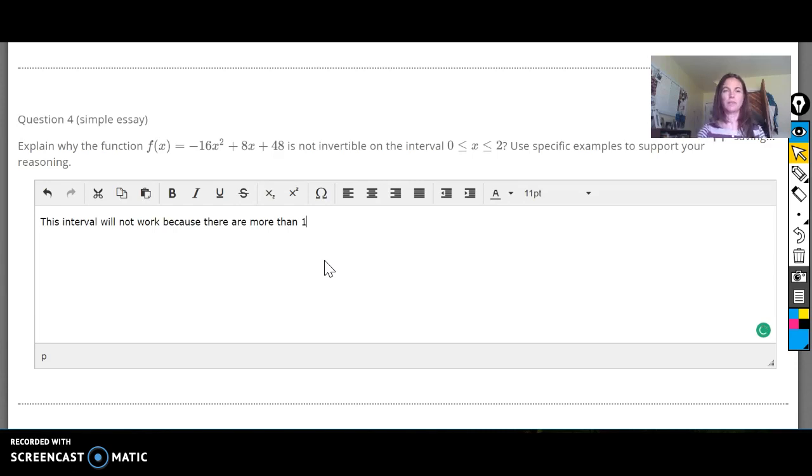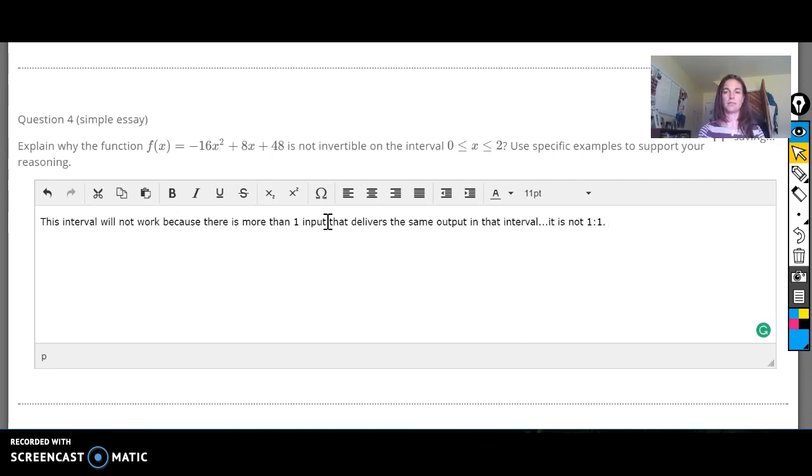There is more than one input that delivers the same output in that interval. It is not 1-to-1.